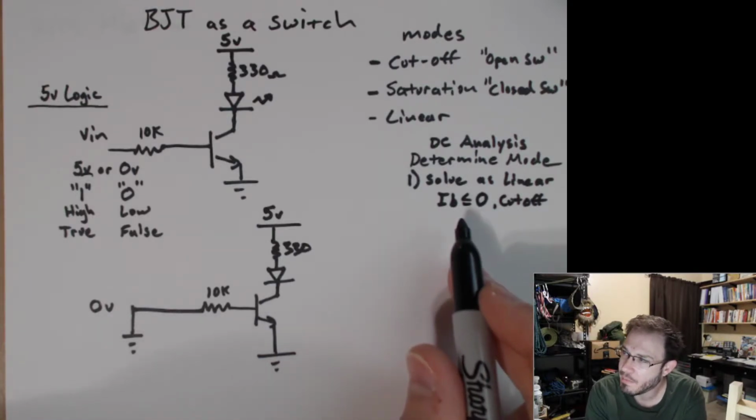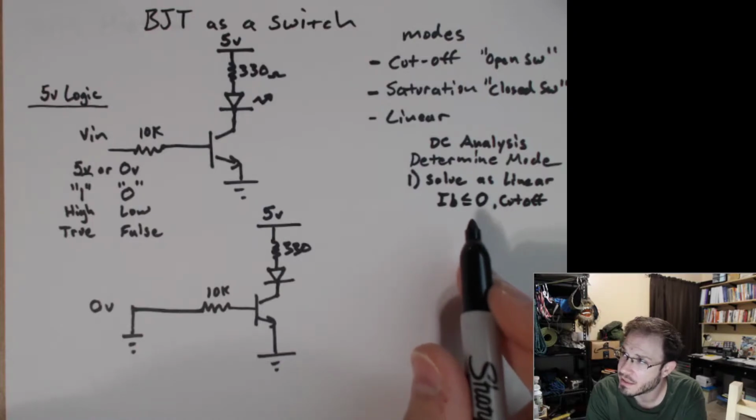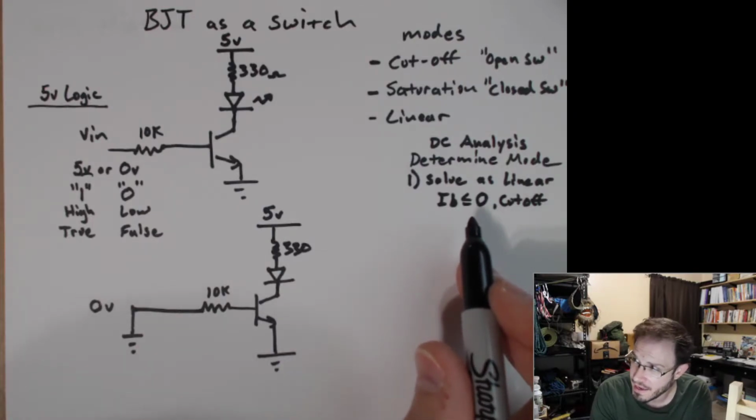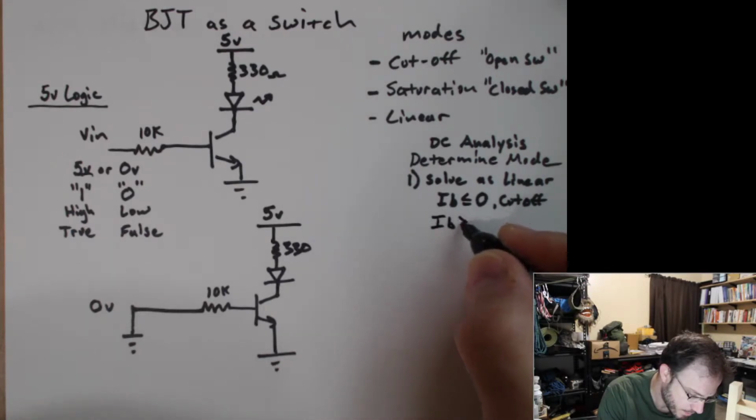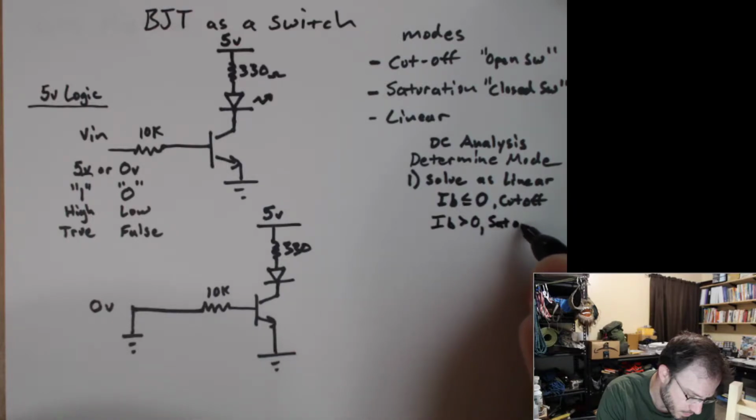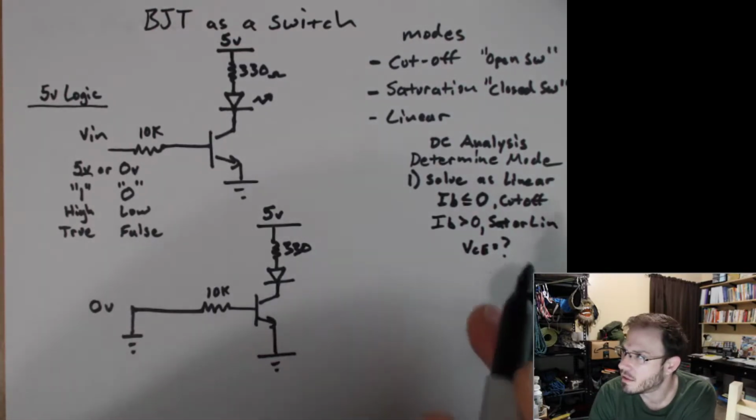If, however, IB is greater than 0, then we have to find VCE. Okay, so it's my shorthand.